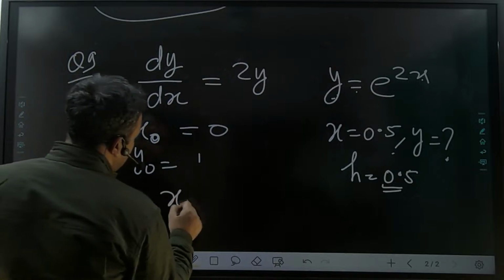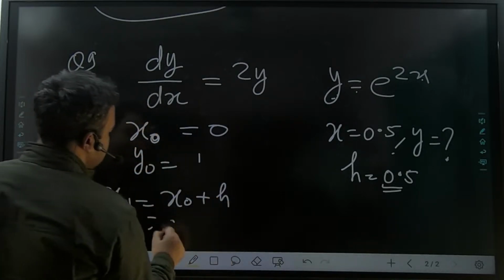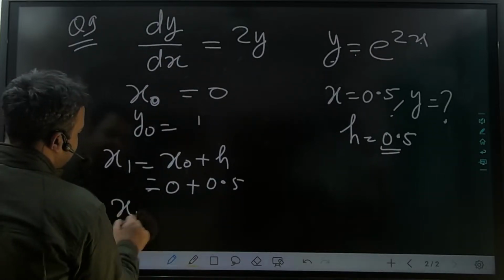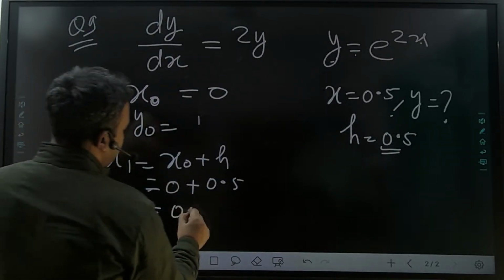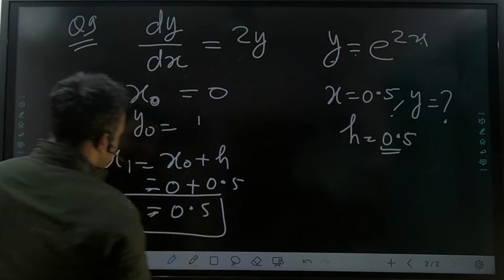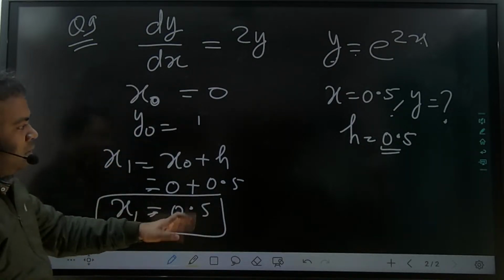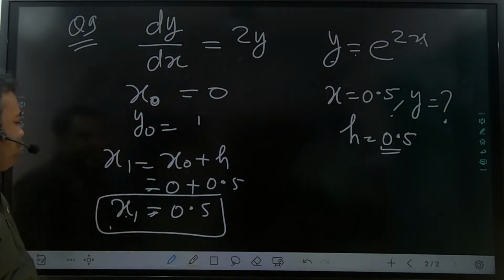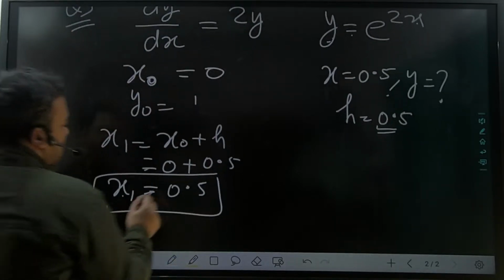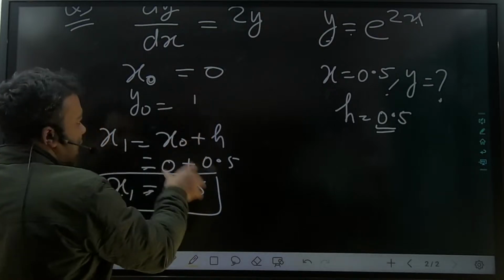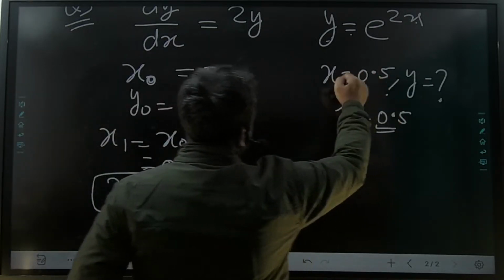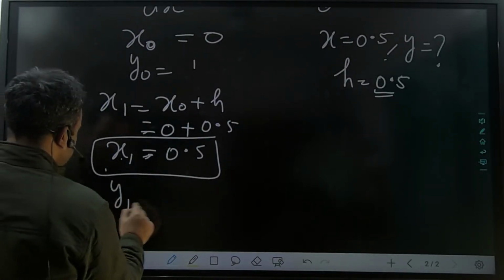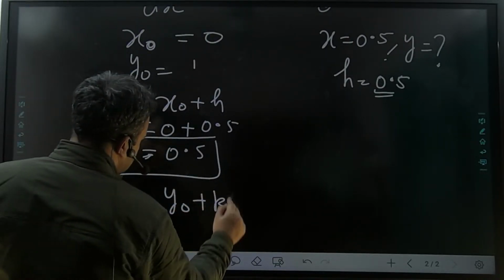x1 is equal to x naught plus h. So x naught is 0 and h is 0.5. So in the very first iteration, I got x1 is equal to 0.5. It means at this x1 only I have to find the output. So y1, which you will get by the next iteration, will be your answer, because the value of y has to be found at x is equal to 0.5 only. y1 will be simply y naught plus k in general.